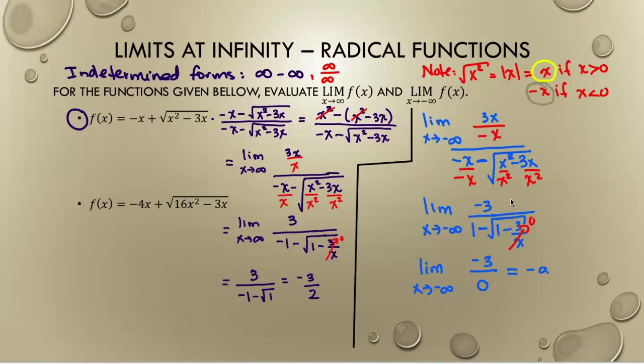Now this is going to be a minus infinity because of the negative 3. All right. Now, I have a better way to show you where this is coming from.